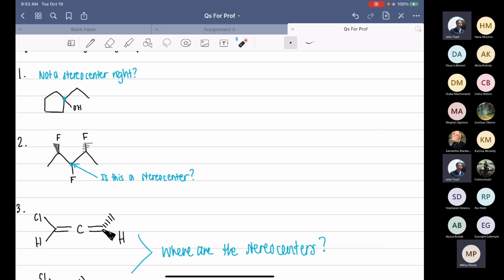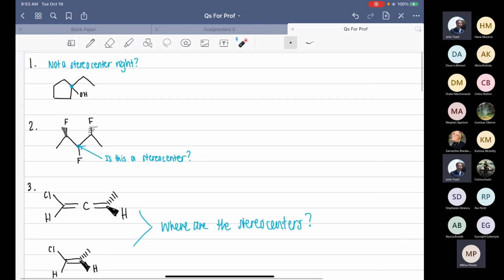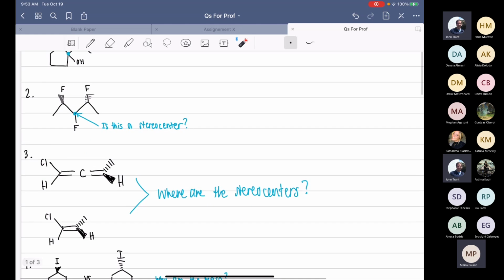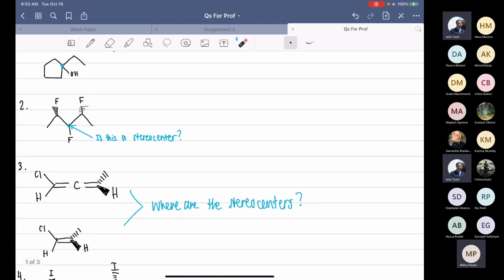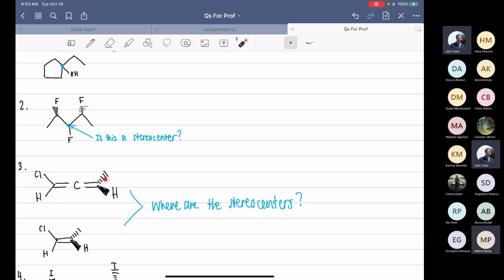Okay, the next one, we're not going to talk about this type of stereochemistry. That compound 3 is chiral, and it's because if you make the mirror image molecule of that, they're non-superimposable. Yeah, this is a stereocenter technically, right? Right. The whole thing is a stereocenter. It's like a 3-atom stereocenter.